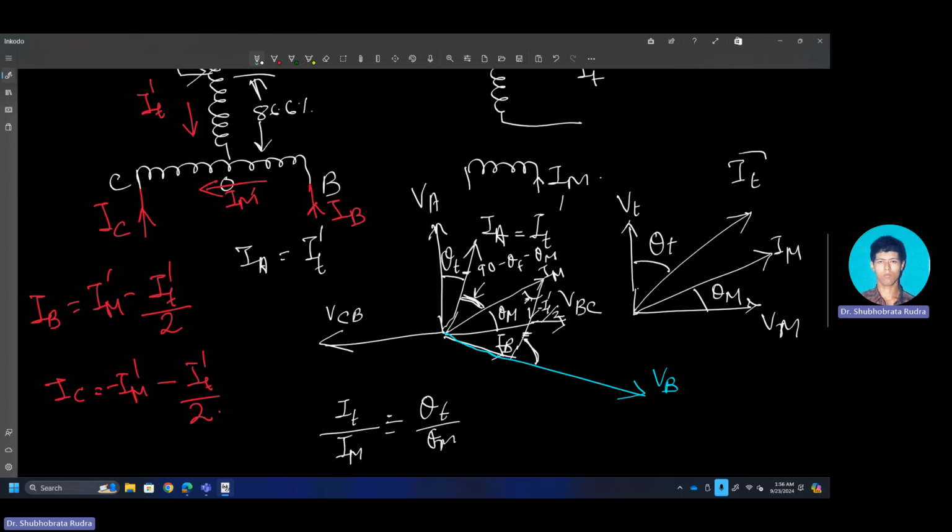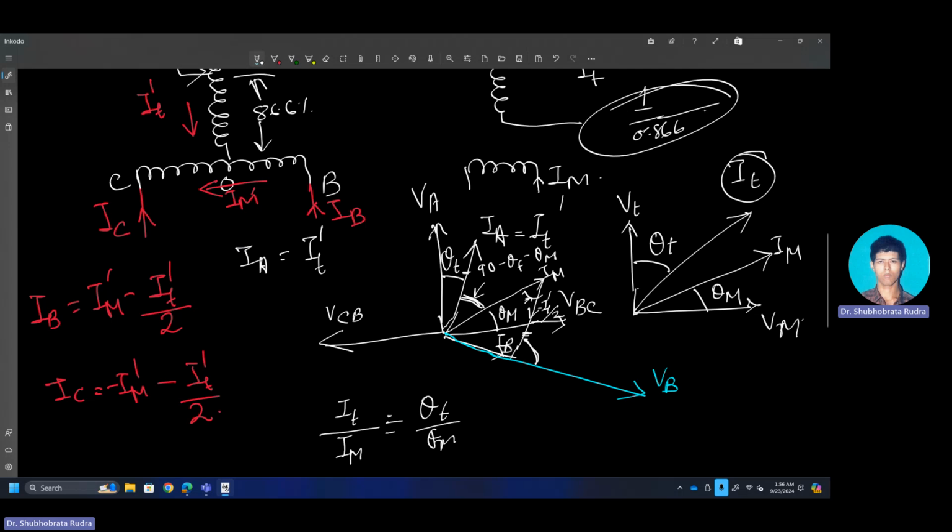You also have to consider that IT and IM will not be proportionally reflected here, because when IP dash comes here, it gets multiplied by a factor of 1.15. That is due to 1 by 0.866. That is the standard formula to convert the Scott connection teaser secondary current to the primary side current. So you have to keep that in mind.